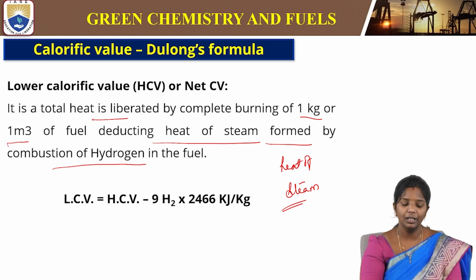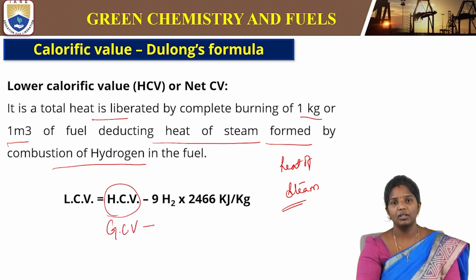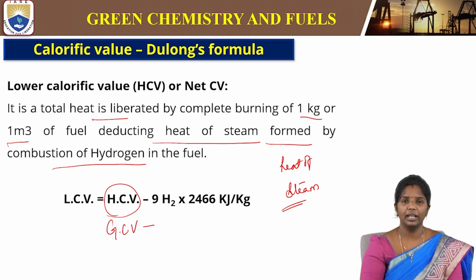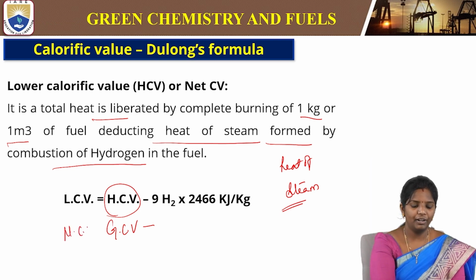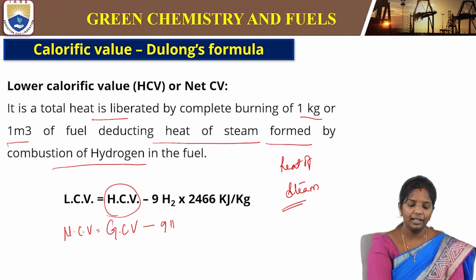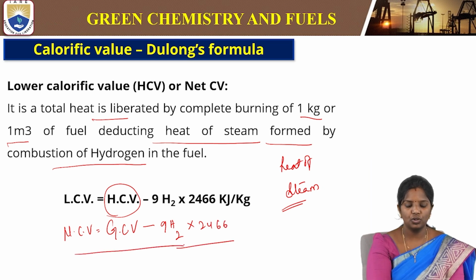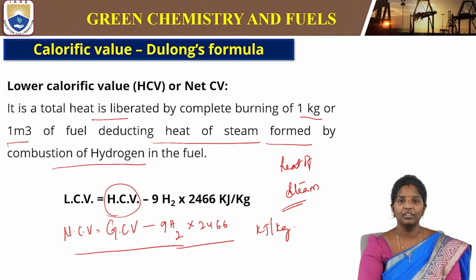To deduct the heat of steam, we subtract it from the gross calorific value. Therefore net calorific value is equal to gross calorific value minus 9H2 into 2466, expressed in kilojoule per kg. These are the two types of calorific values for any fuel.